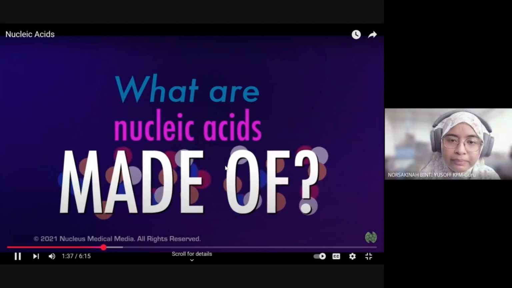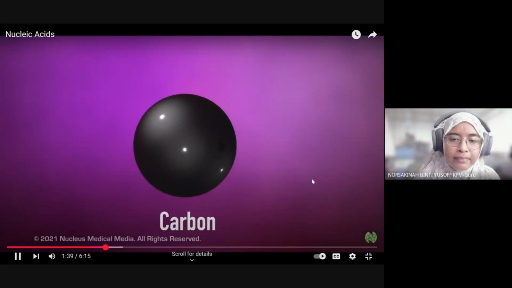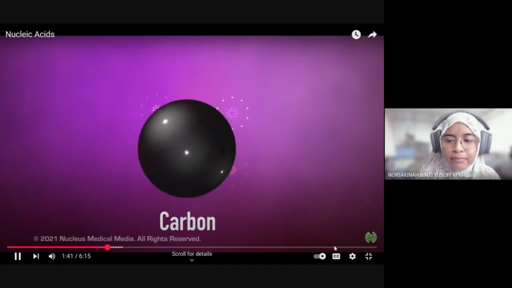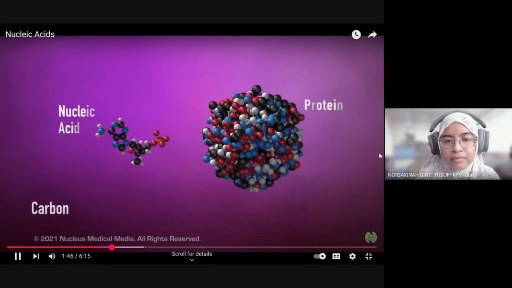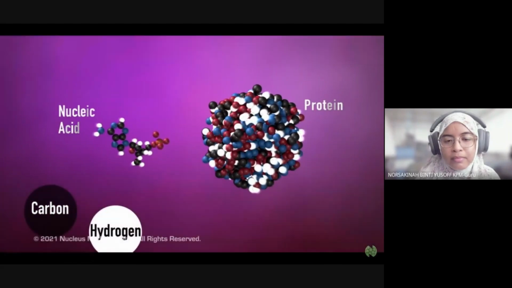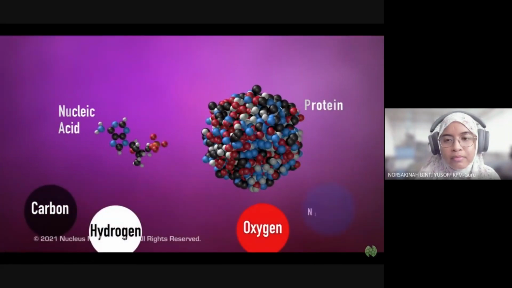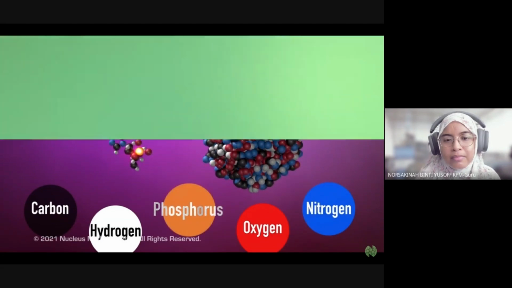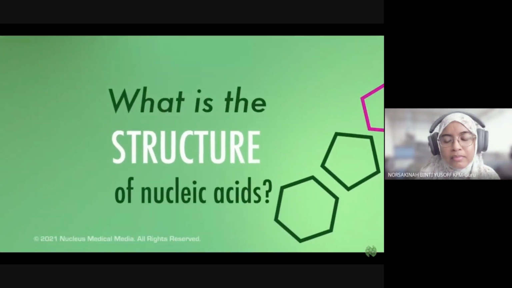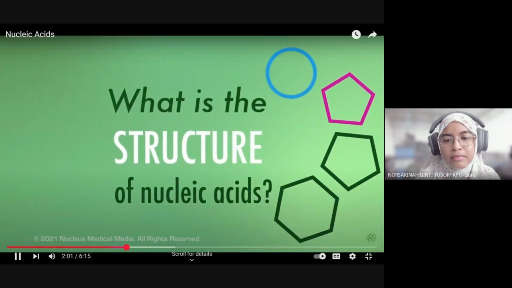Made Okay. of. Of course, as an organic macromolecule, nucleic acids contain the element carbon. Like proteins, nucleic acids also contain hydrogen, oxygen, and nitrogen. But nucleic acids also contain the element phosphorus. So, what is the structure of nucleic acids?